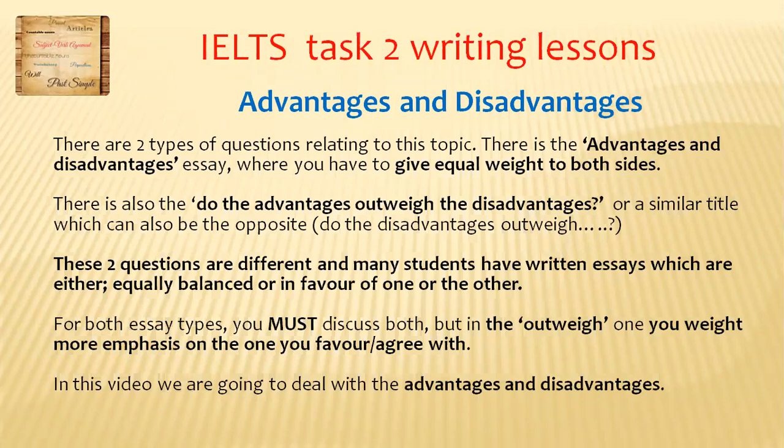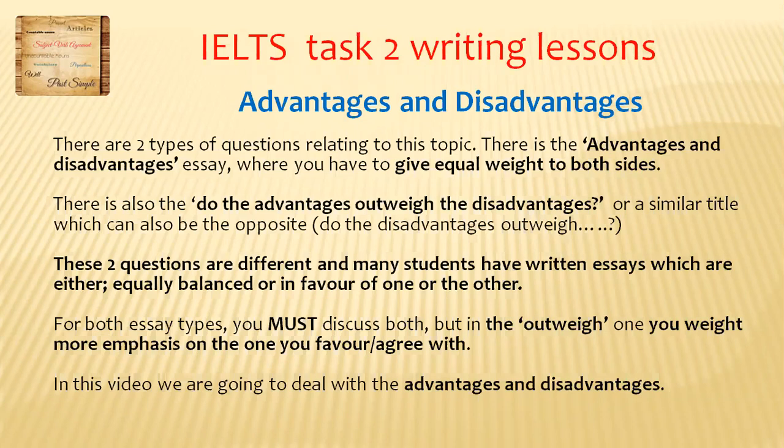Advantages and disadvantages is much easier, because you have to talk about the advantages, and you also have to talk about the disadvantages. Now, in the second one, if you say the advantages outweigh the disadvantages, you still have to talk about the disadvantages.